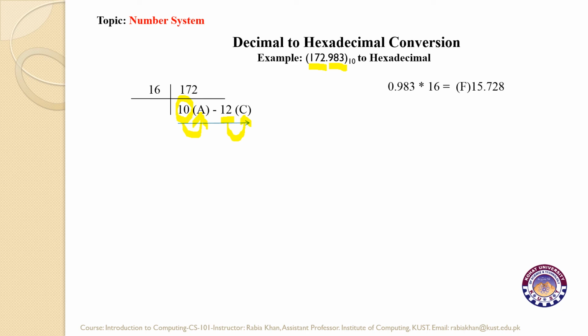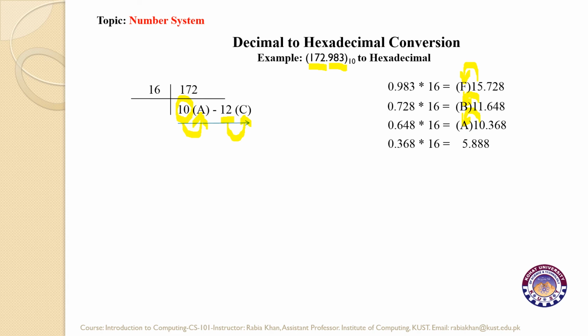Again here the carry is 15, and 15 is not a valid digit; its respective symbol is F. The fractional part is again multiplied by 16 and the result is 11.648. Again 11 is converted to its symbol B. Again the fractional part 0.648 is multiplied by 16 and we get 10.368. 10 is the letter A.